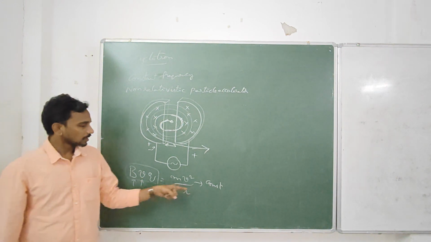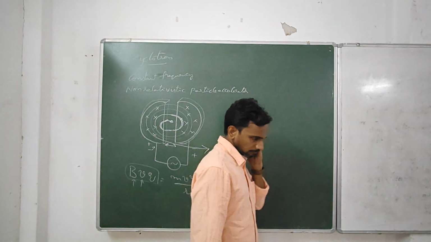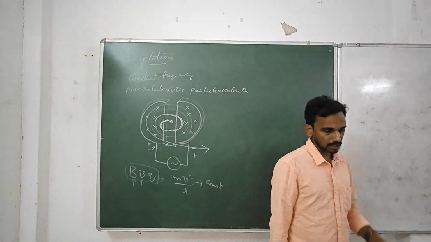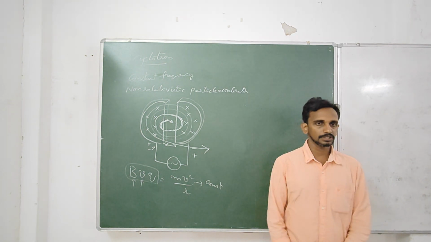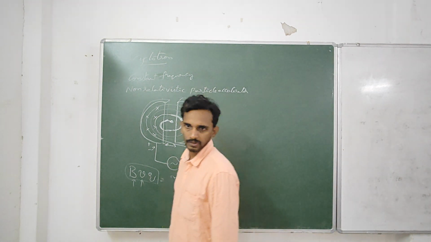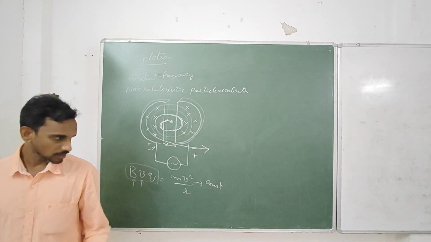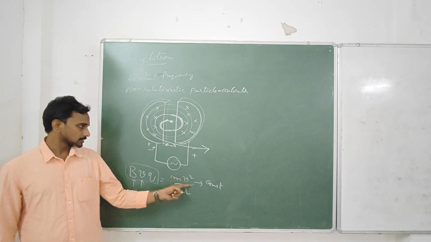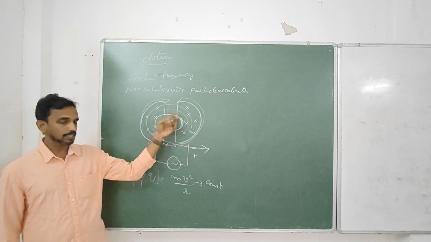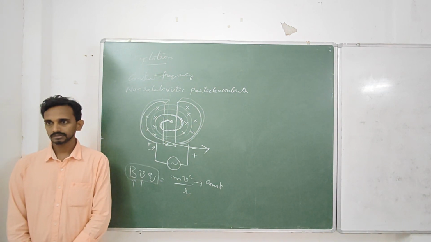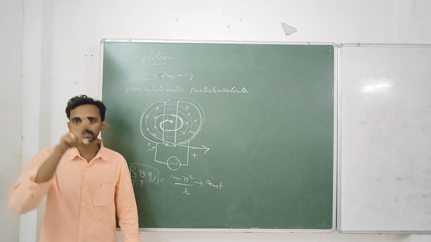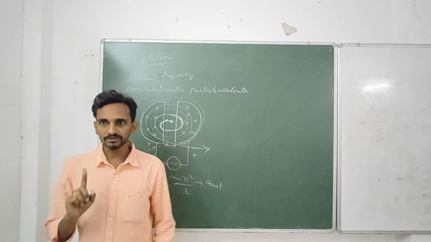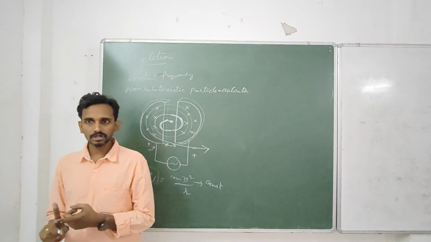Here, circular motion implies the particle is under a centripetal force. When there is a force, there must be acceleration. But here the magnitude of speed is not changing, but the direction is changing. So when the particle is moving in a circular path, there will be acceleration with constant speed.